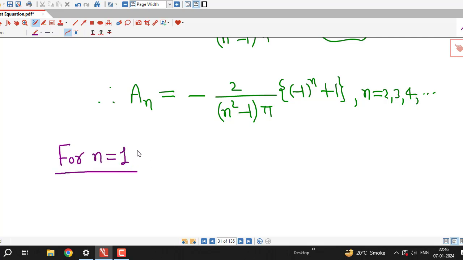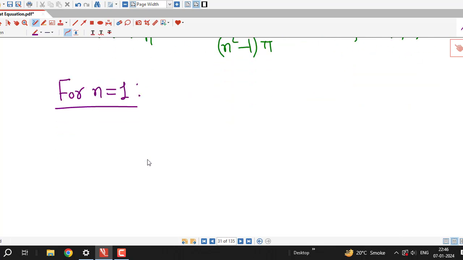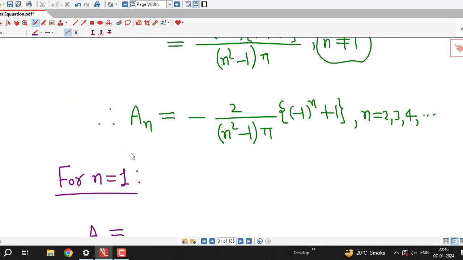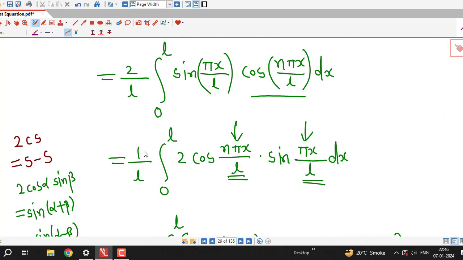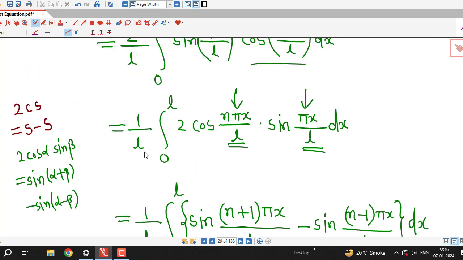So here I am now trying to find a_1, that is a_n for n equal to 1. So we can start from the very first step, or we can put n equal to 1 here, and we can start from this.